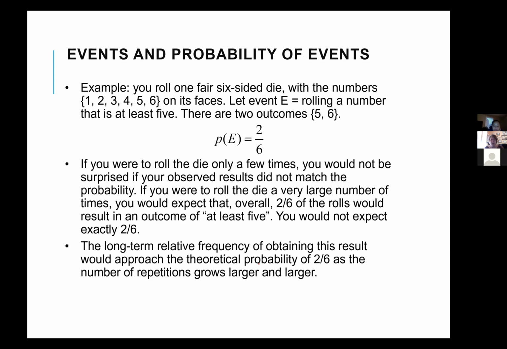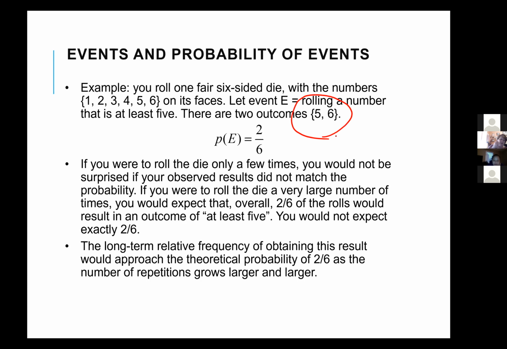So what are your possible outcomes if your roll is at least 5? Well, at least 5 would be 5 or more. So 5 or 6. So there are 2 possible outcomes of at least 5. If you roll a 5 or if you roll a 6.